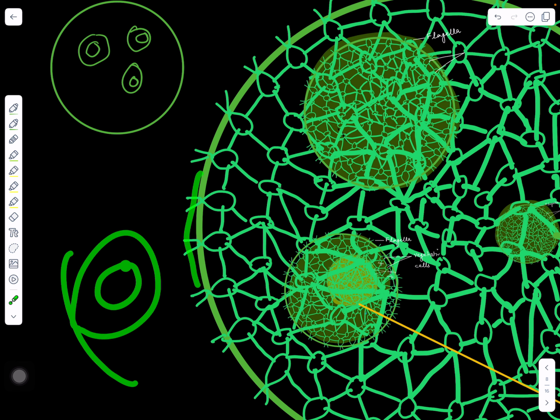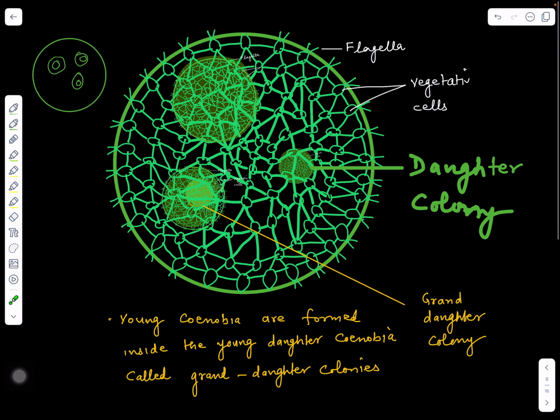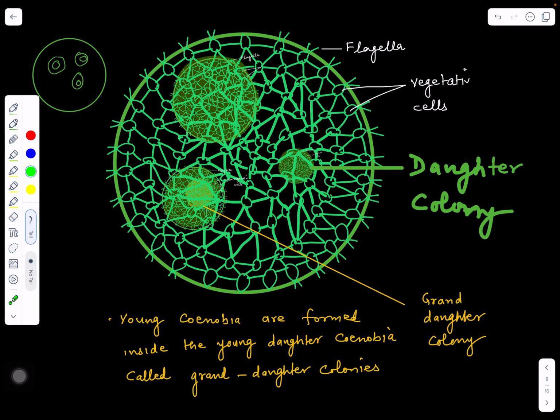Each cell will withdraw its flagella and divide longitudinally into a daughter colony. So inside each colony, again a new colony may be produced, and this is called a granddaughter colony. So this can multiply vegetatively like this. Young coenobia are formed inside the young daughter coenobia, called granddaughter colonies.